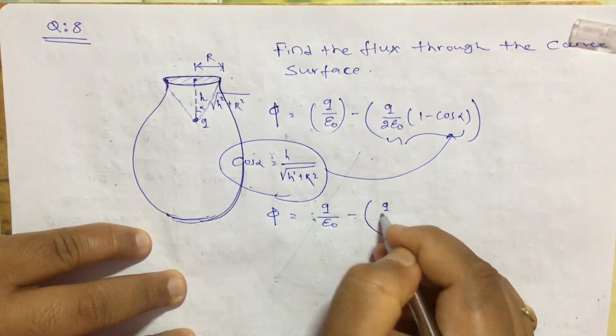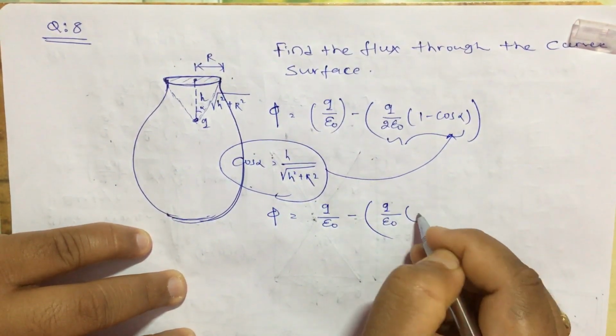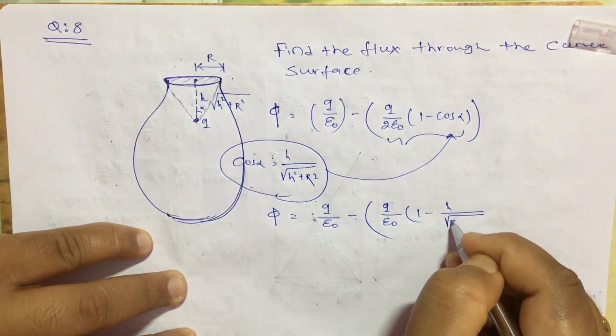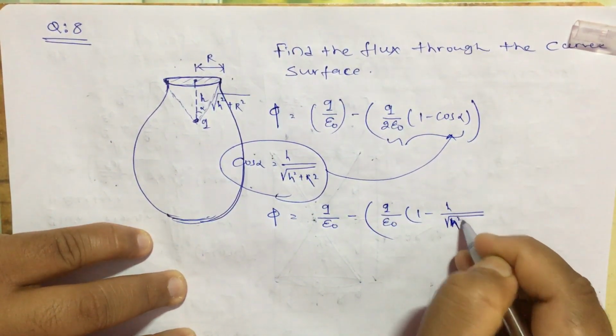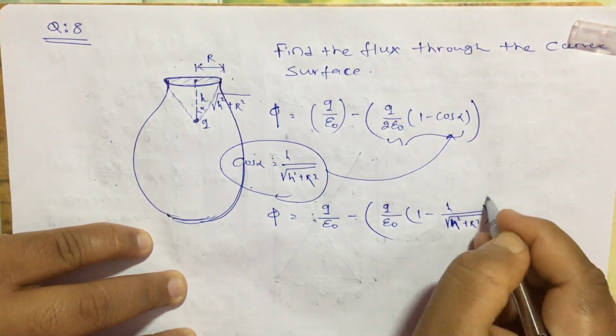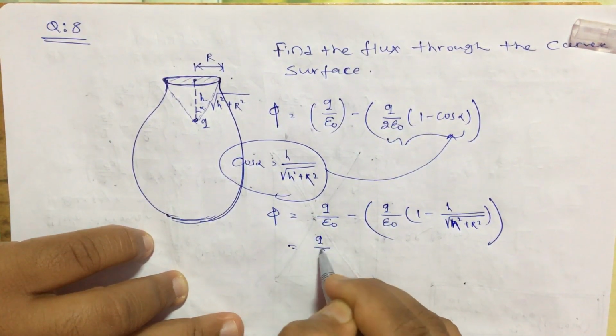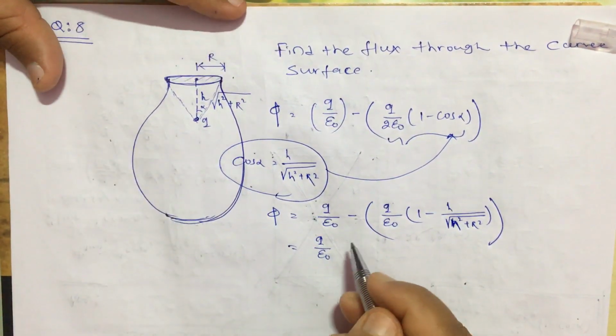It is q by epsilon naught times (1 minus h by root over h square plus r square), or equal to q by epsilon naught.